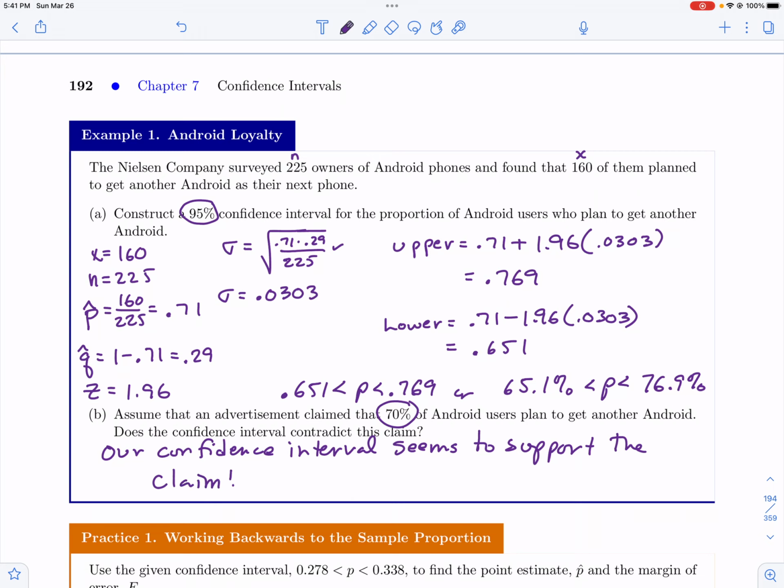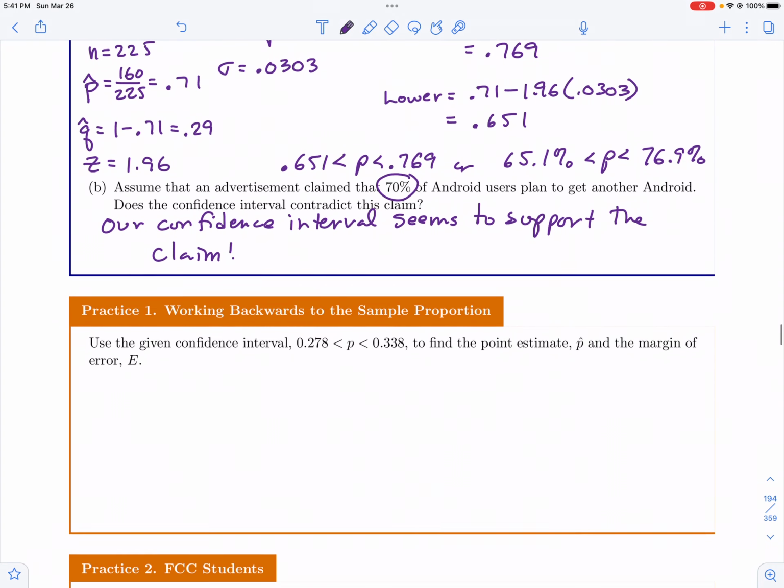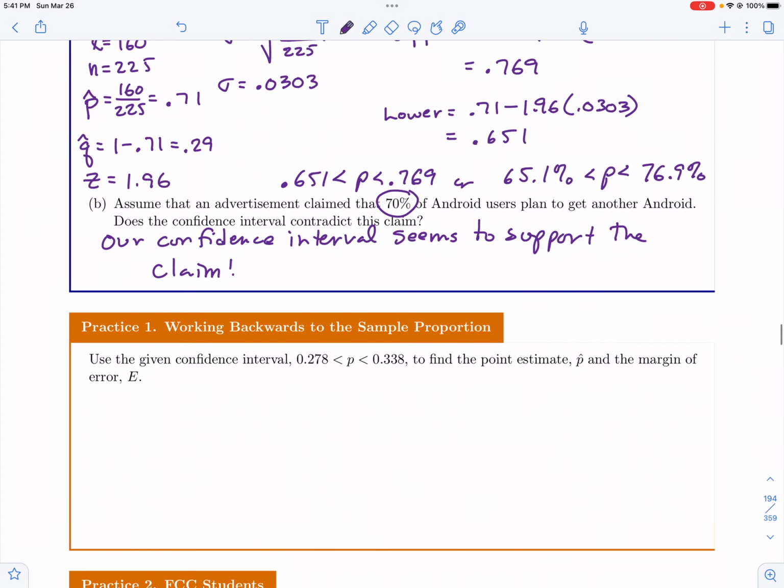All right, perfect. If everybody understood that, great. If you didn't, let me know so I can help you out. All right, so practice 1, I'm going to work through this one with you real quick. This is another one like we did in 7.1 where we're trying to work backwards to find the point estimate and the margin of error. If you remember the way we did this from 7.1, we took our two upper and lower bounds.